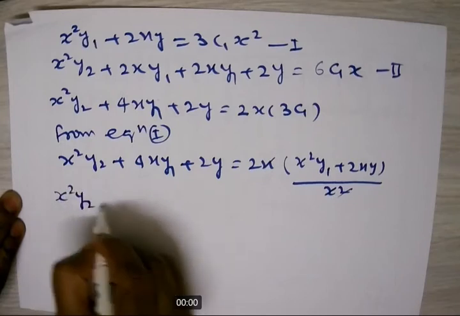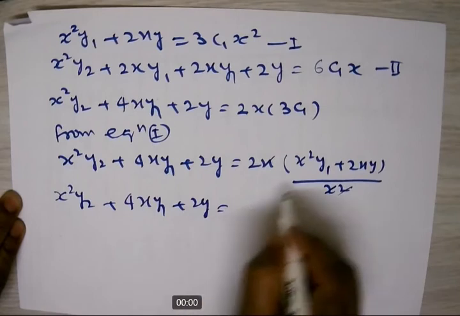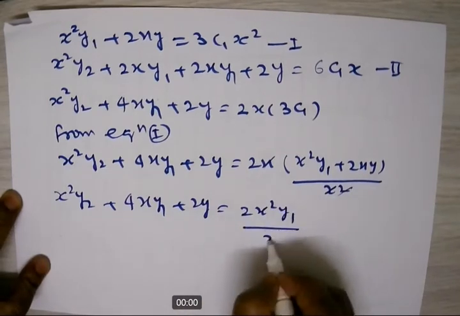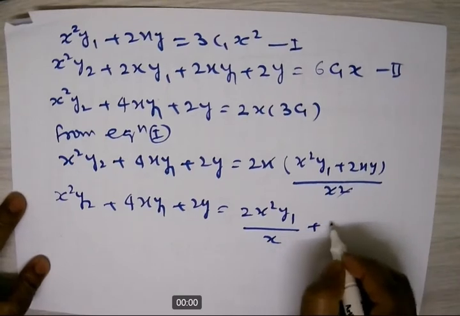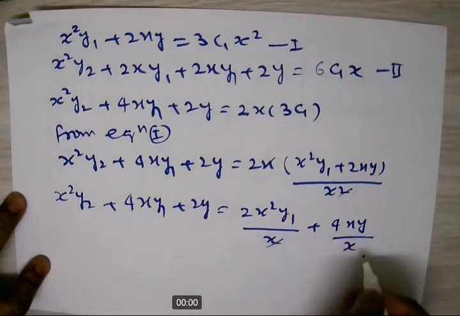x² y₂ + 4x y₁ + 2y, and see, open the bracket, 2x² y₁ divided by x plus 4xy divided by x. So cancel this one.